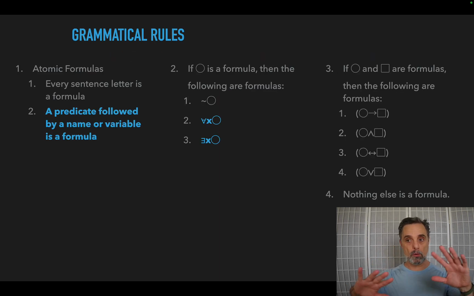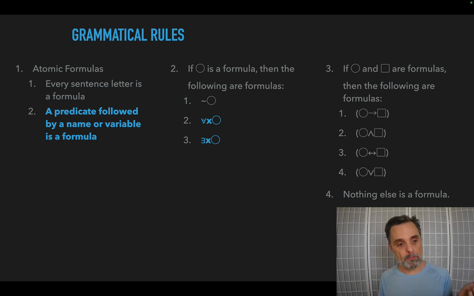So our grammatical rules overall: we have 2 kinds of atomic formulas now. We have every sentence letter as a formula, so big P through big Z. Those don't have any parts at all. And then we have the predicate letter, big A through big O, followed by a term, little a through little z, which is also a formula. It's got parts, but those are like the parts of an atom.